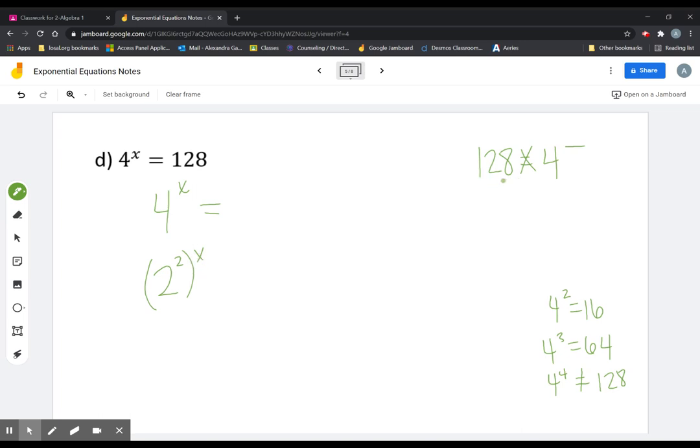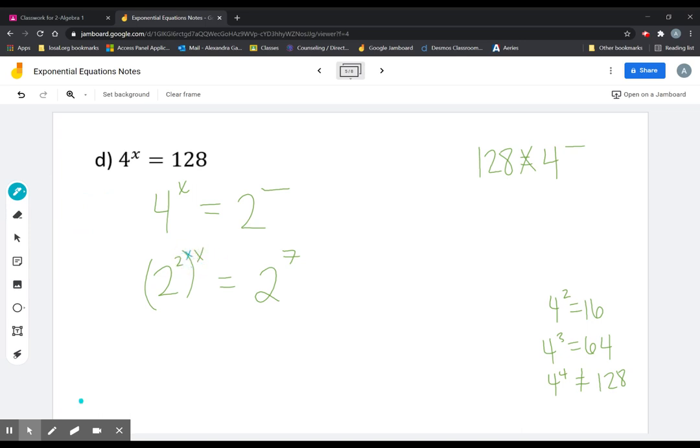And so I'm going to look at 128 and see if I can convert that to a power. Now I'm going for 2 to a power. So 128 is actually 2 to the 7th power. So now I've got to look at what I'm supposed to do with the 2 and the x.